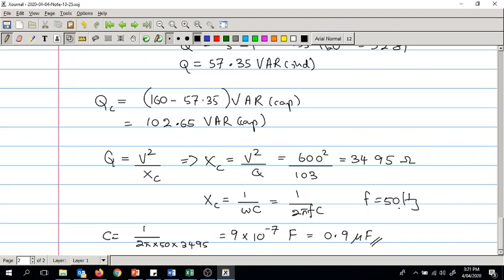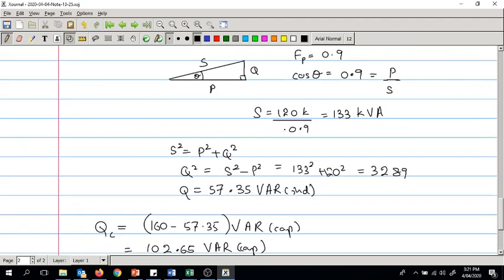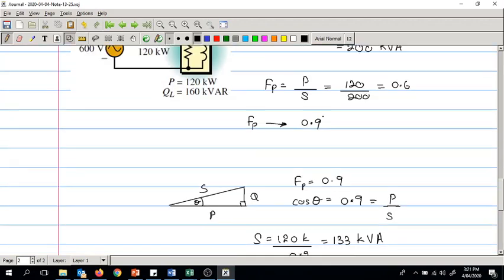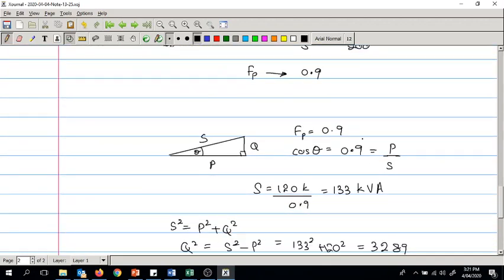So that is how you do the calculations. I hope this calculation is correct, but you can double check it, right? That is if you want a particular correction done. A similar procedure can be used if you want to correct the power factor to 0.95 or 0.8, whatever it is.